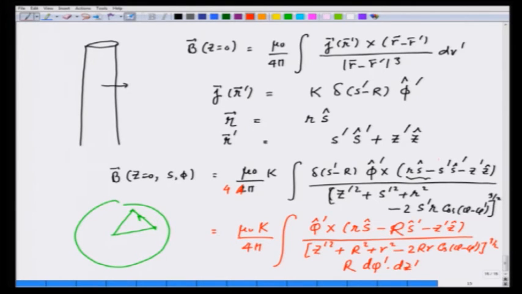I should have written that here also, because the volume integral is nothing but ds prime s prime d phi prime dz prime. ds prime we have already integrated over, so that s prime gets replaced by R.